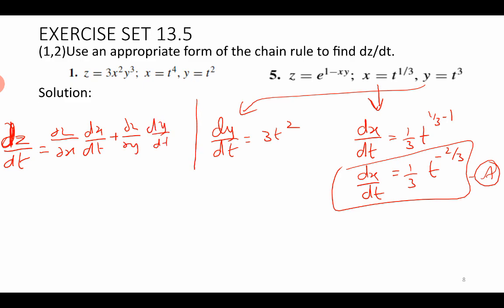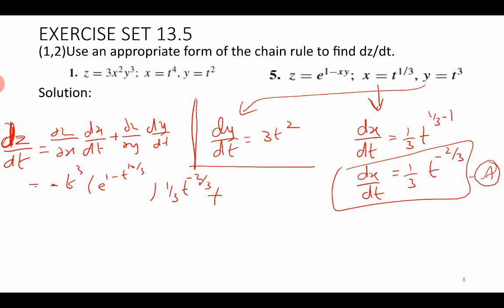All these four terms are important, isn't it? First, dou z by dou x, we got it negative t cube e raised to 1 minus t to the power 10 by 3. Now dx by dt is 1 over 3 t to the power negative 2 over 3.